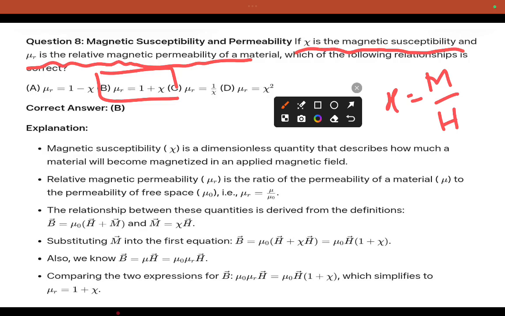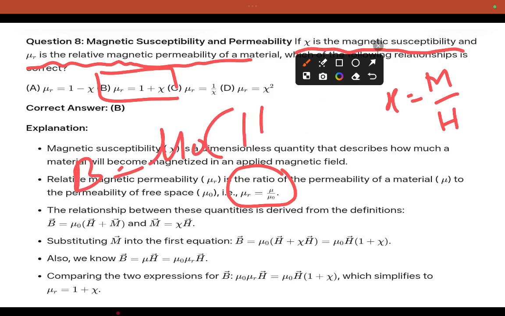Relative permeability, represented by mu r, is the ratio of the permeability of the material to the permeability of free space. So mu r equals mu by mu naught. From the previous concept, B equals mu naught of H plus M, with M equal to chi H. So B equals mu naught of H plus chi H, which equals mu naught H of 1 plus chi.